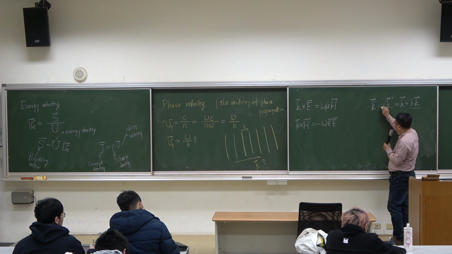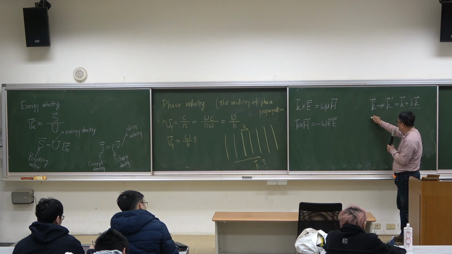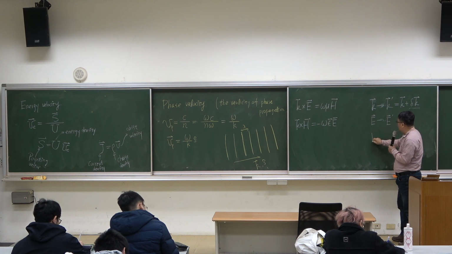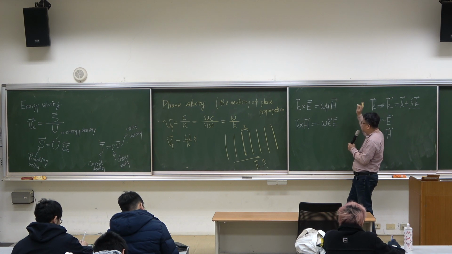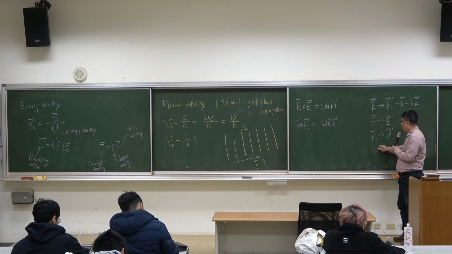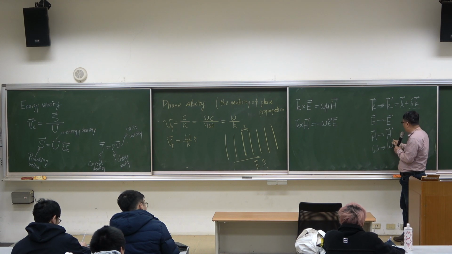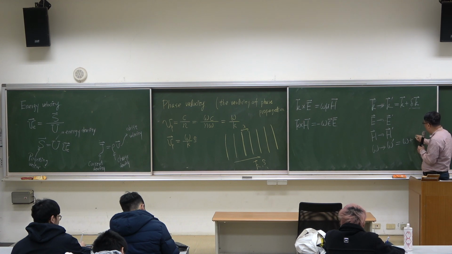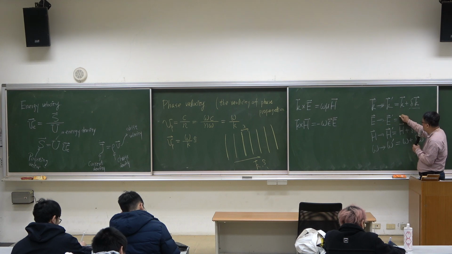So once we replace k by k prime, we must also replace e by e prime, and replace h by h prime, so that they satisfy the same kind of equation. Also we may need to consider omega be replaced by omega prime. So omega becomes omega prime equal to omega plus delta omega, h prime is equal to h plus delta h, and e prime is equal to e plus delta e.